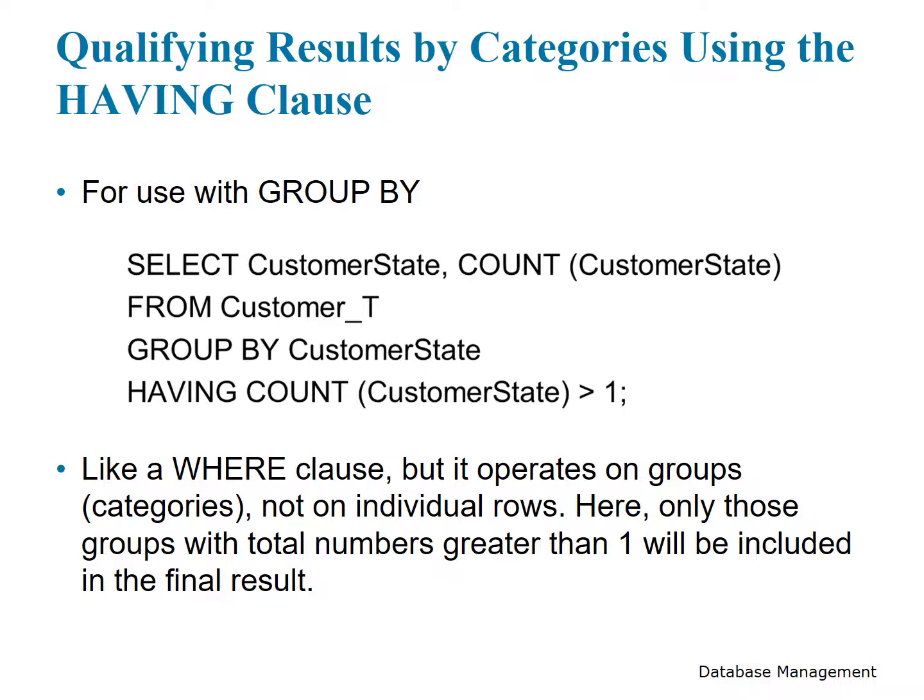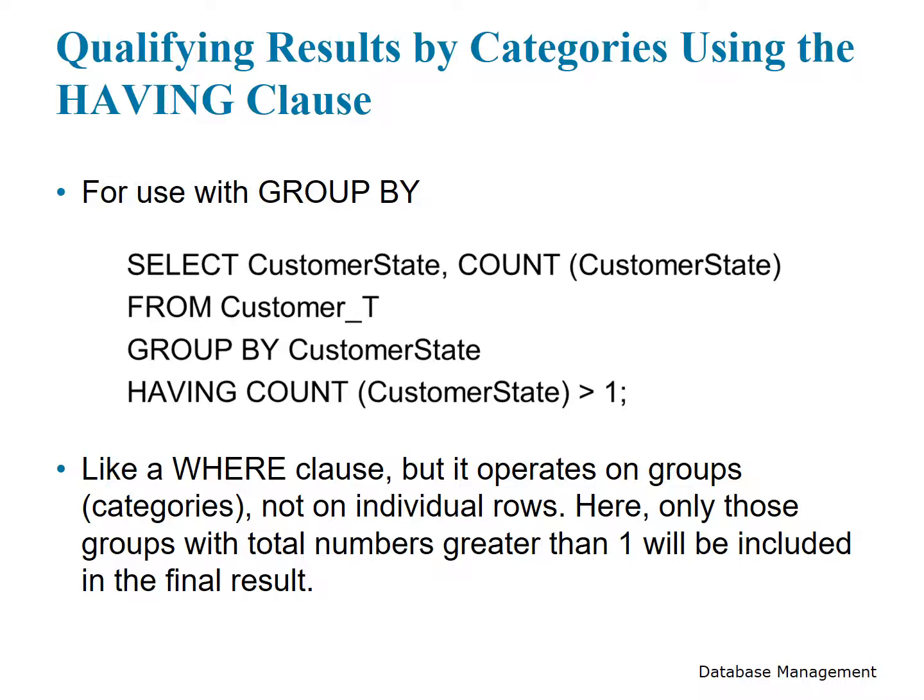Qualifying results by category using the HAVING clause for use with GROUP BY. Select customer state, count customer state from customer table, group by customer state, having count customer state greater than 1. It's like a where clause, but it operates on group categories, not on individual rows.